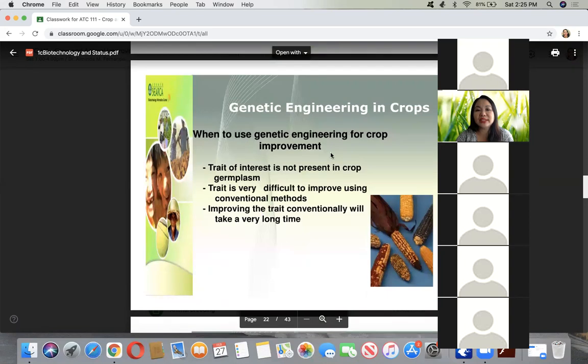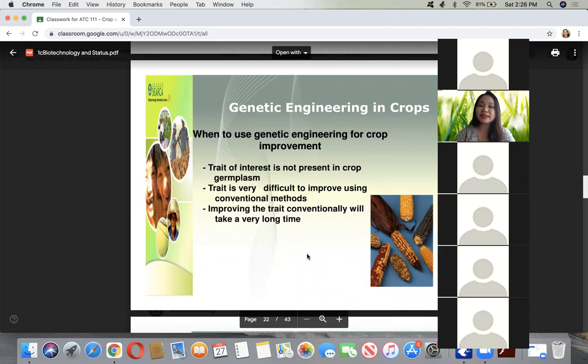So when to use genetic engineering for crop improvement, so these are the different uses na. If the trait of interest is not present in the crop germplasm. So if we want, like they have done in the Bt corn, one of the main problems ng corn is yung corn borer. So we have the specific bacteria, Bacillus thuringiensis, which is toxic to this pest.